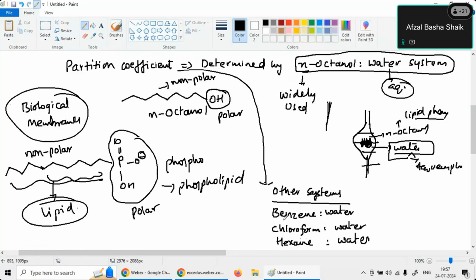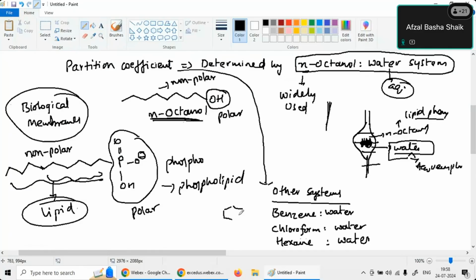Can any of these mimic the phospholipid, or will n-octanol mimic phospholipid? Which system will mimic? N-octanol. The n-octanol water system, right? Because it is more like a phospholipid.